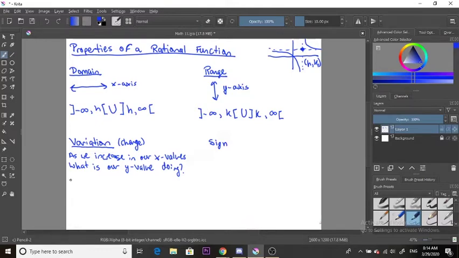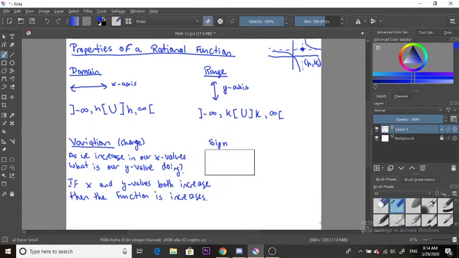Now, if the x and y values both increase, then the function is increasing.